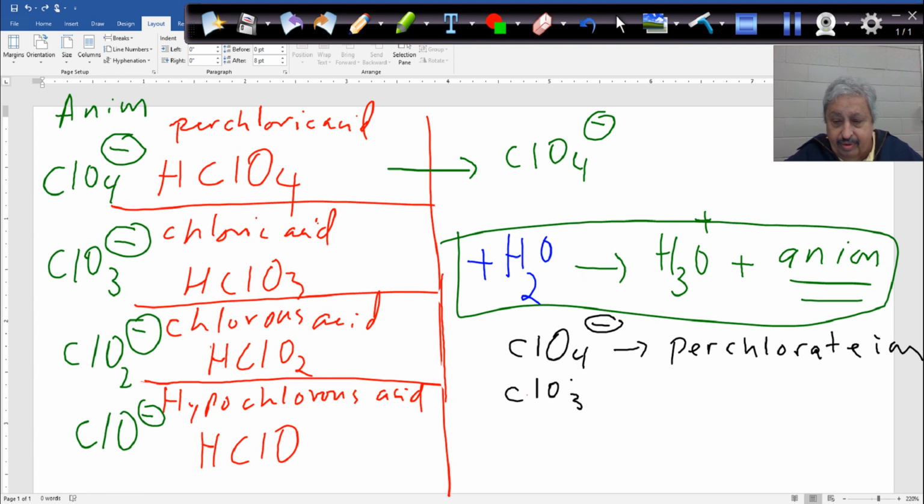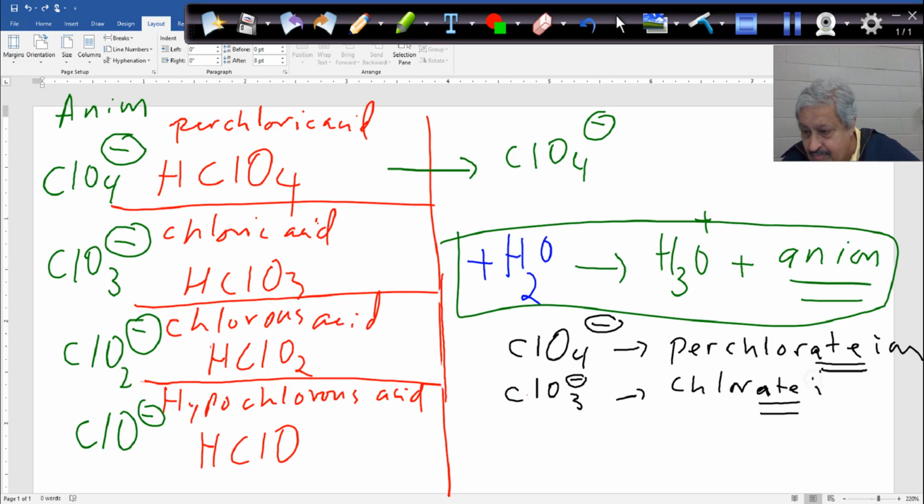ClO3 minus will be chlorate: chloric acid, chlorate ion. And you see ATE at the end, ATE ion.